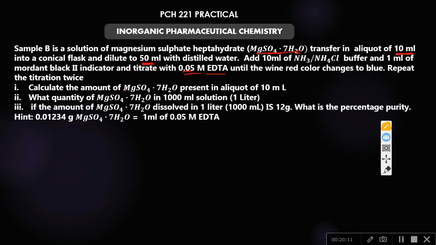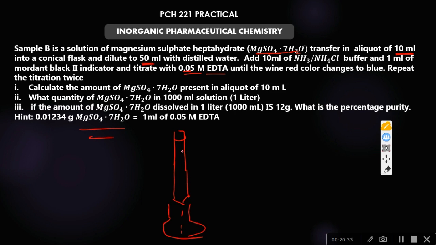So EDTA will be on your burette. EDTA is what will be on your burette, while magnesium sulfate is what will be in your conical flask.